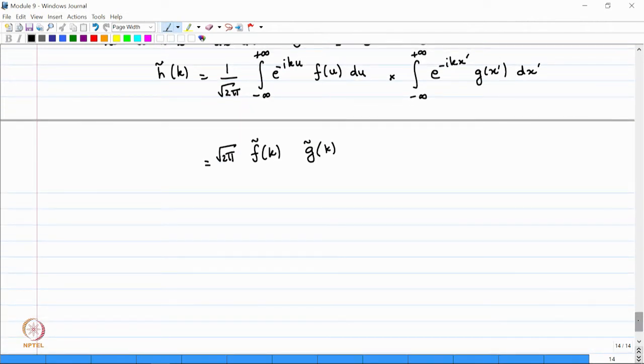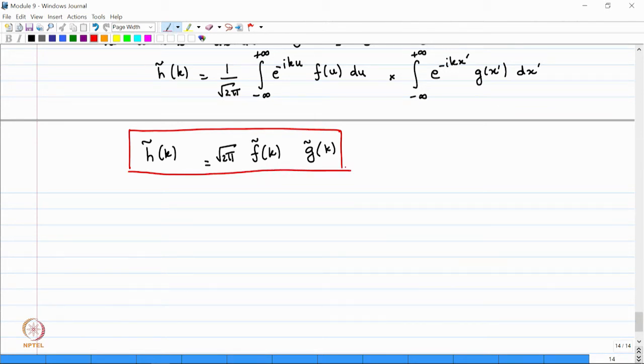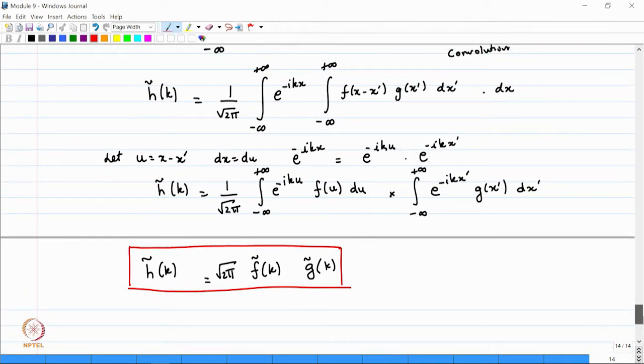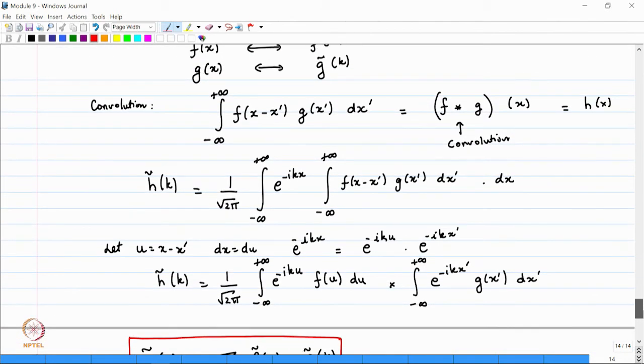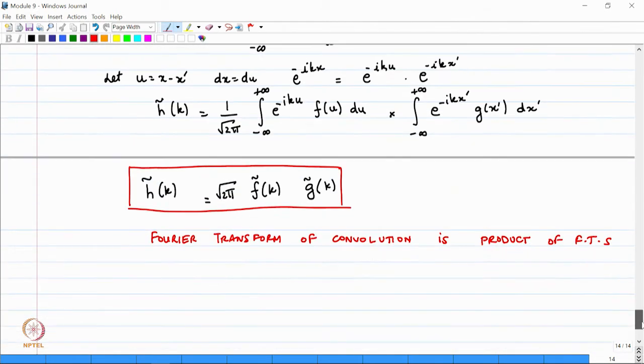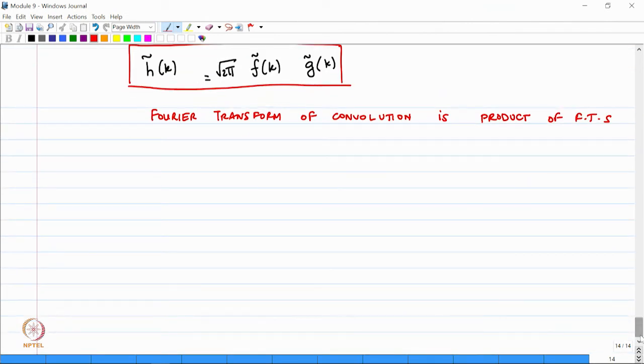So, what you get is that h tilde of k is equal to square root of 2 pi into f tilde of k g tilde of k. Again, this is a very important result. Okay. So, the Fourier transform of a convolution is a product. So, taking a convolution of two functions is like taking a product of two functions in Fourier space.